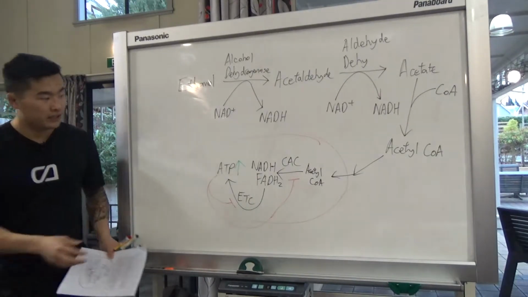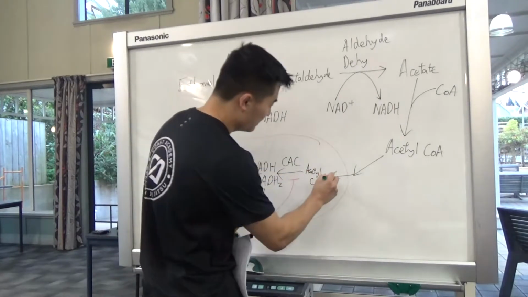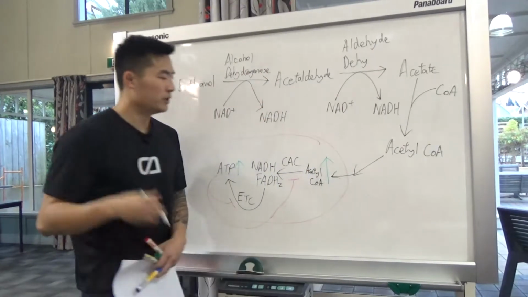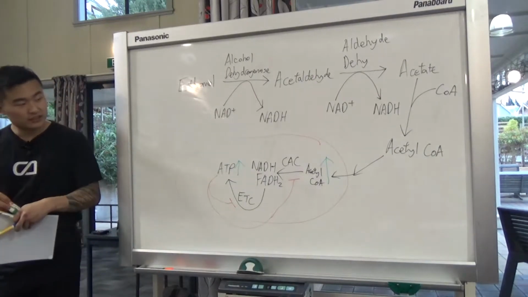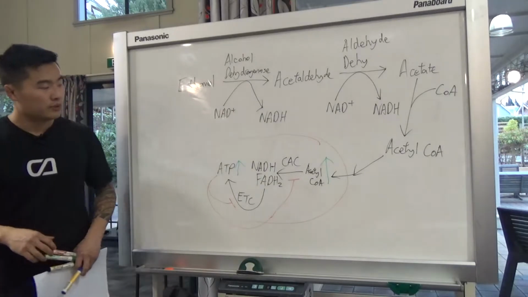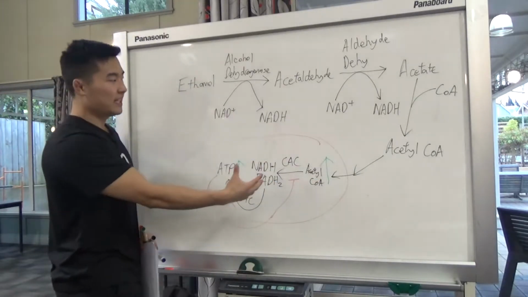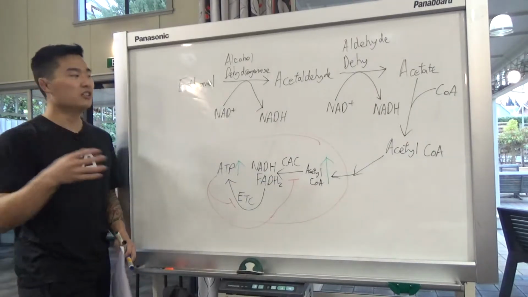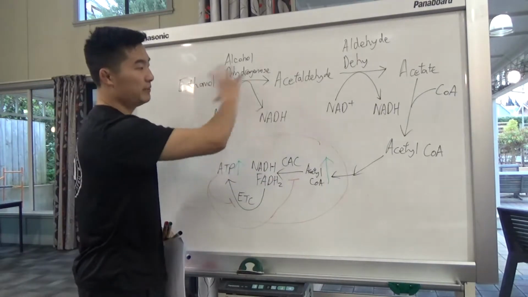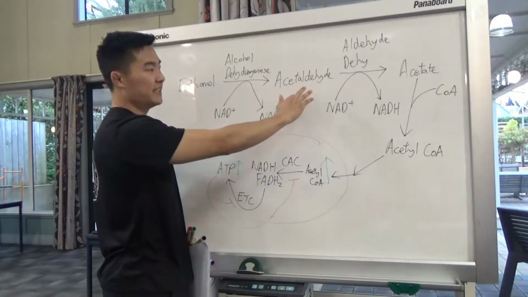Okay, and if the citric acid cycle is inhibited, that means that acetyl-CoA is going to increase in concentration, right? And even though acetyl-CoA is not being used up in the citric acid cycle, if you're drinking a lot of alcohol, this is still going to keep happening because your body wants to get rid of this alcohol and this acetaldehyde.